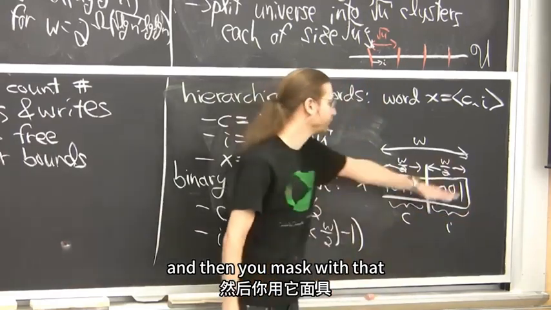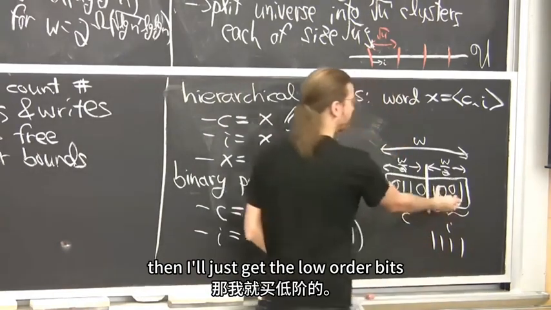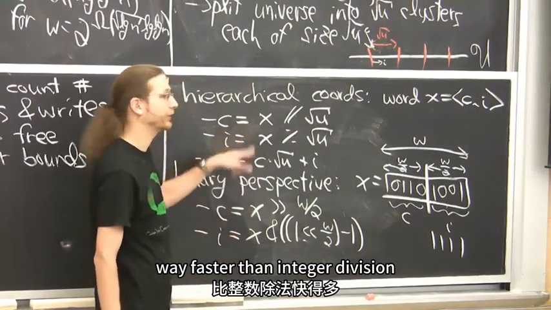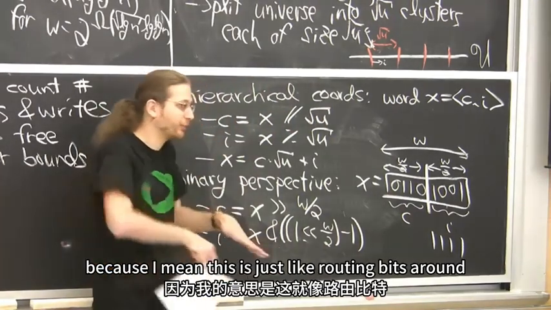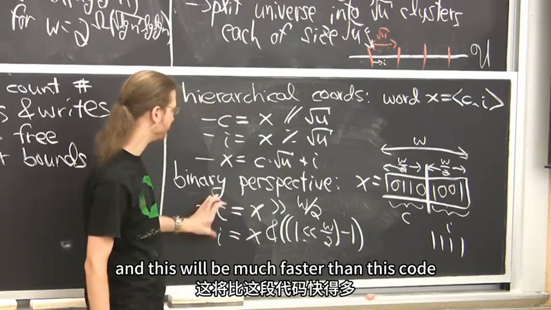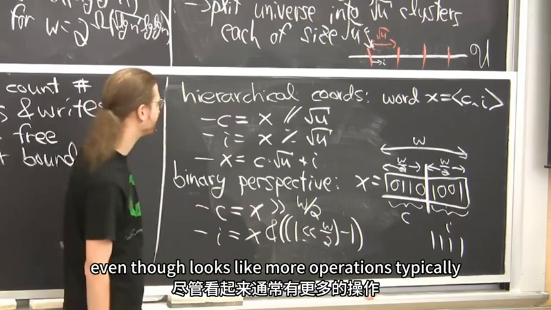And then you mask with that bit pattern. So I'm masking with 1, 1, 1, 1. Then I'll just get the low order bits. And computers do these super fast, way faster than integer division. Because this is just like routing bits around. So this is easy to do on a typical CPU, and this will be much faster than this code, even though it looks like more operations typically.